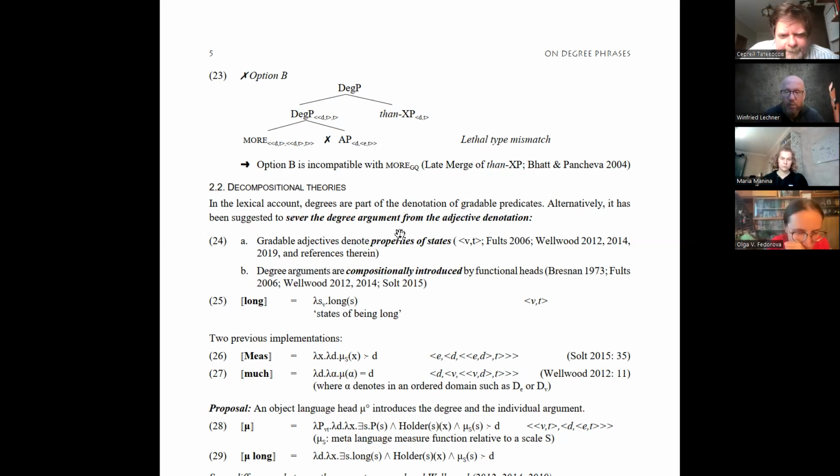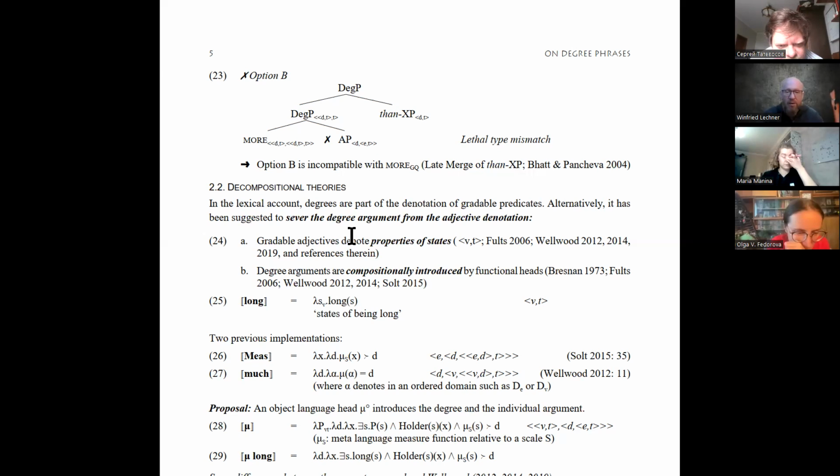How would that work? On these so-called decompositional theories, we treat the degree argument just like the external argument in the individual domain in sentences. So Kratzer style in some sense.